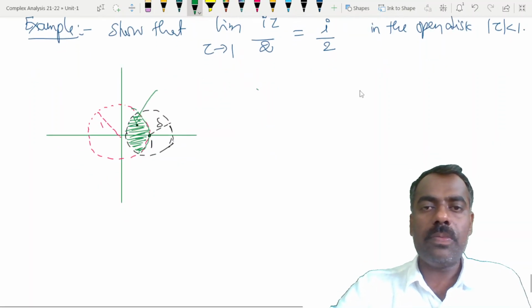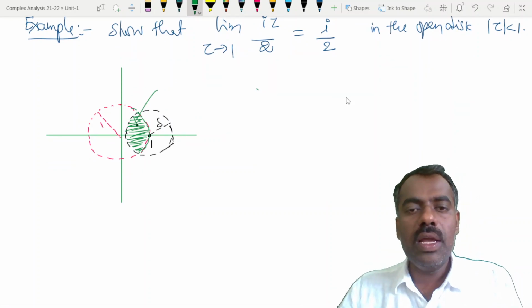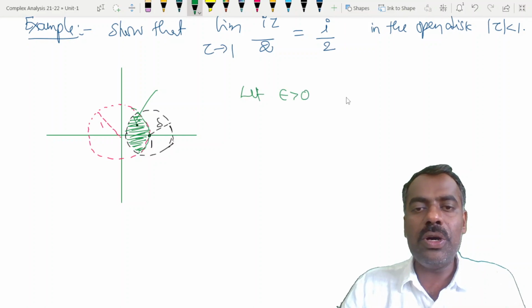So how will you show this? How will you solve this problem? Let epsilon be greater than 0.